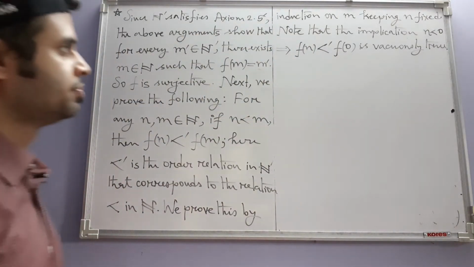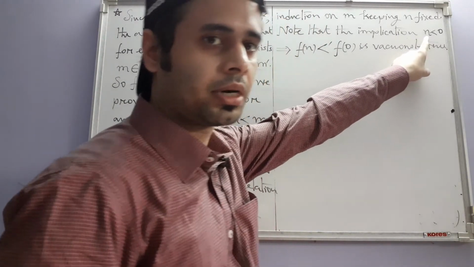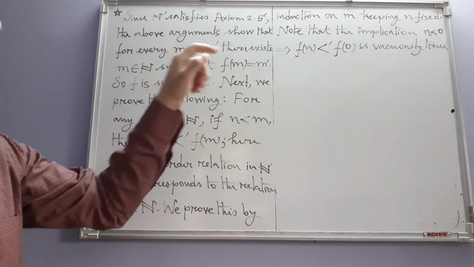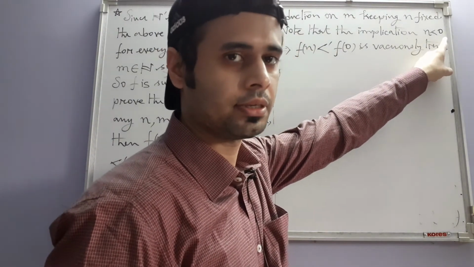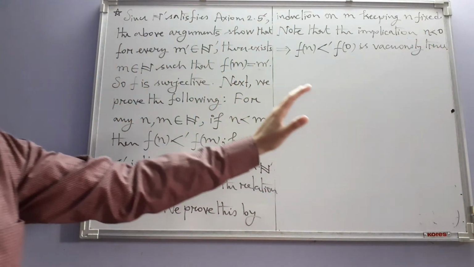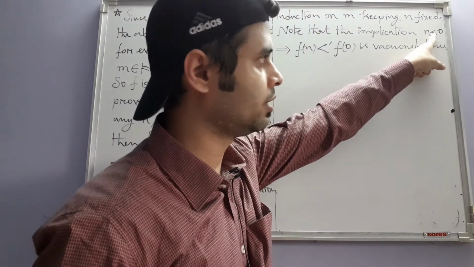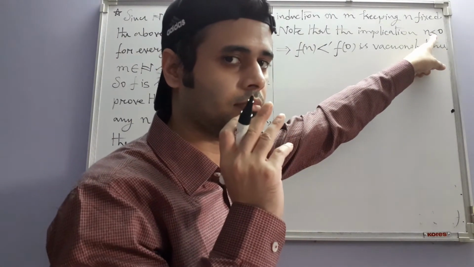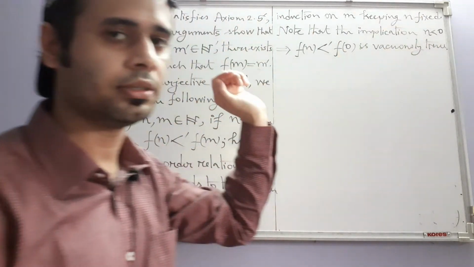Why? N is a natural number, and from properties of natural numbers we know that no natural number is less than 0. 0 is the smallest natural number. If you go back to the properties of order relation, when we first defined it and then proved its elementary properties, there we will find this.